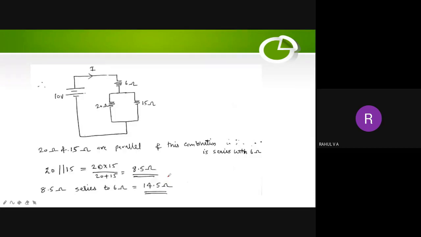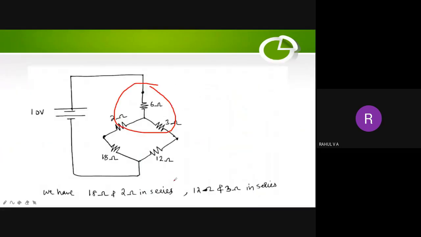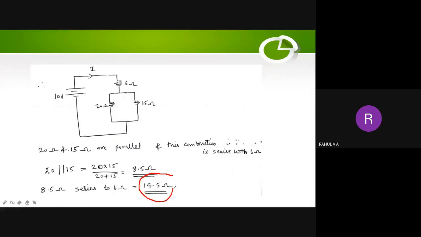Okay, total resistance what we got was 14.57. Now if you divide 10 by 14.57, as he said, it is 0.68. So the current value is 0.68.